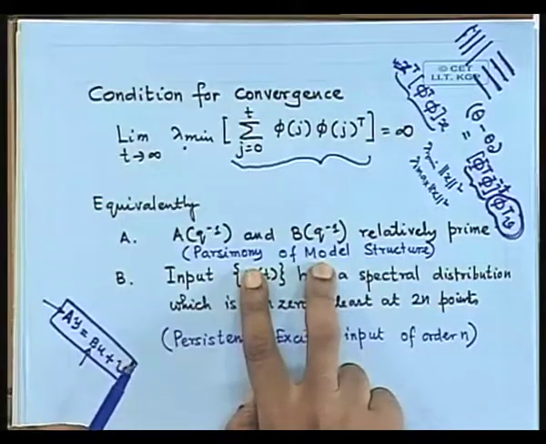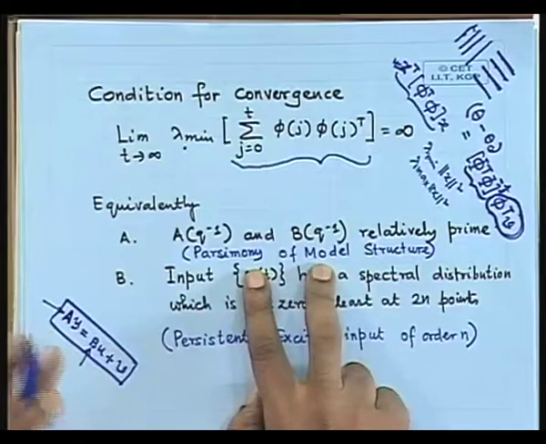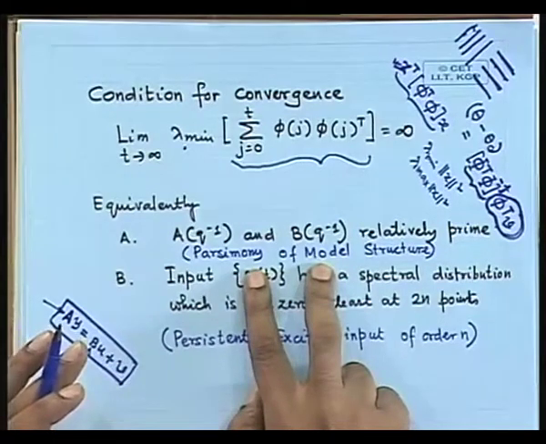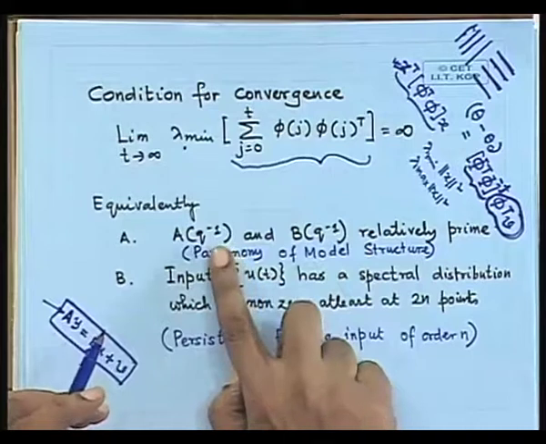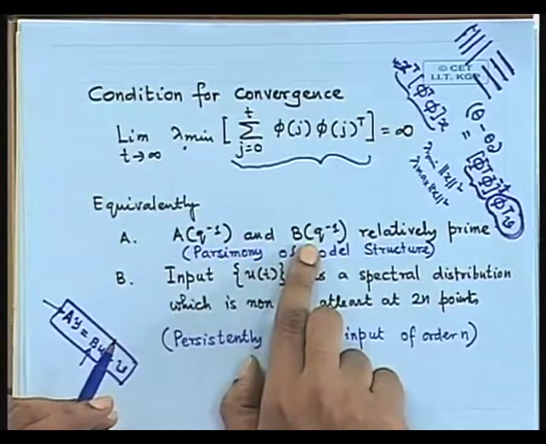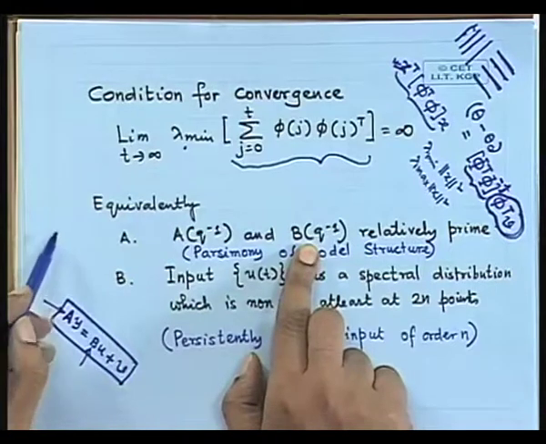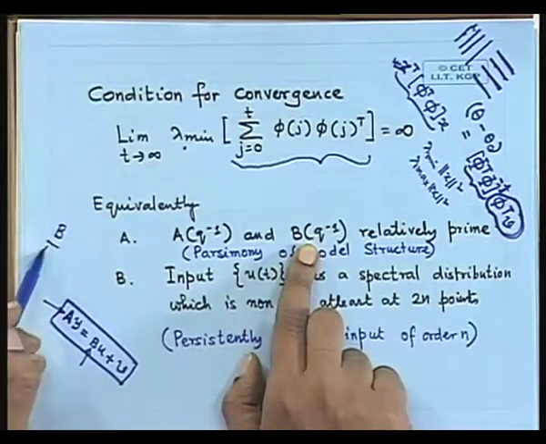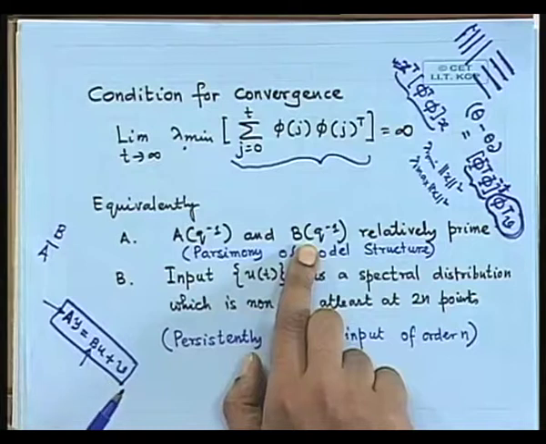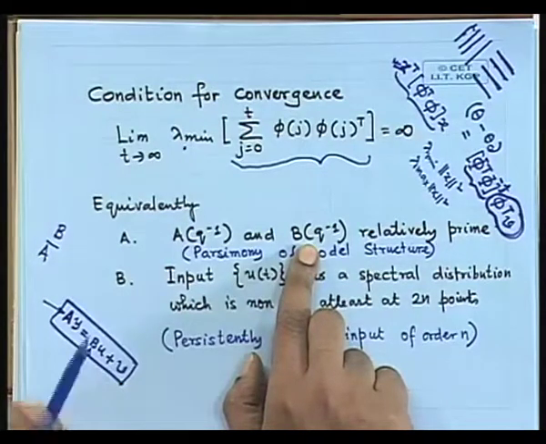This condition is called parsimony of model structure. Actually the word parsimony means something like simplicity. It means that, if A and B becoming relatively prime means what? Means that the transfer function B by A cannot be reduced further. If they have common factor, then you can cancel it.